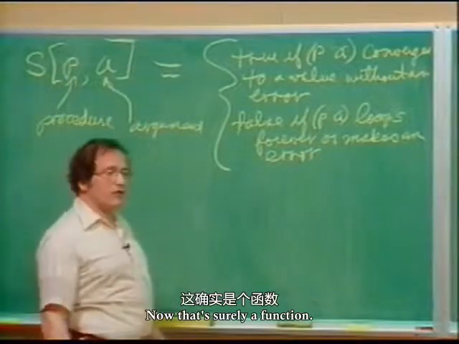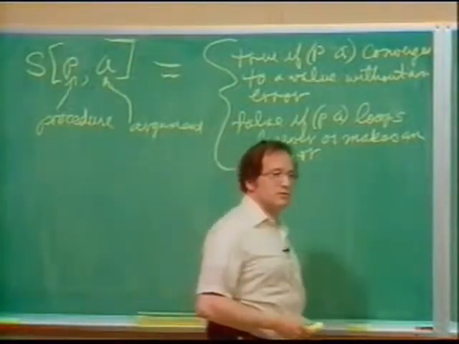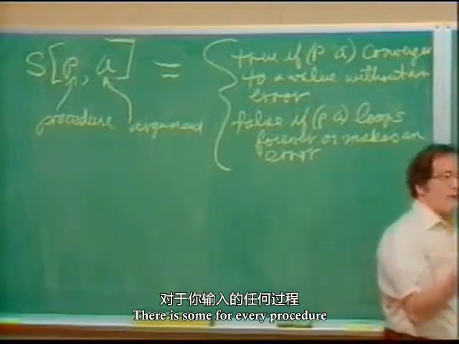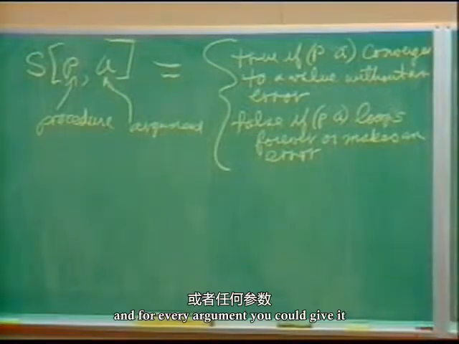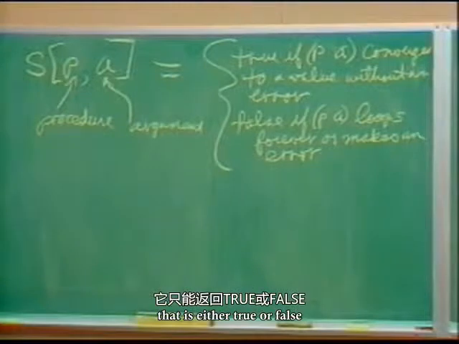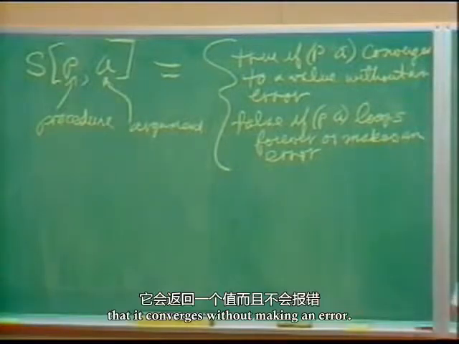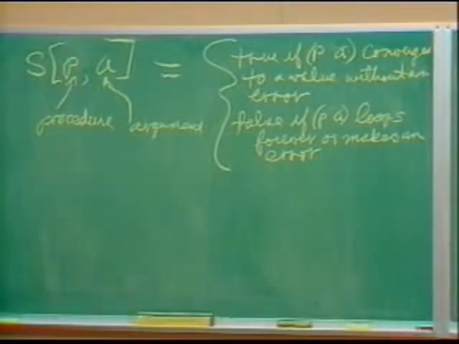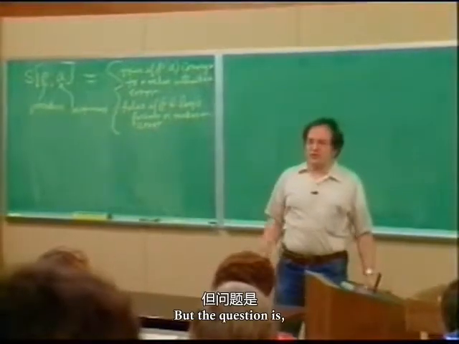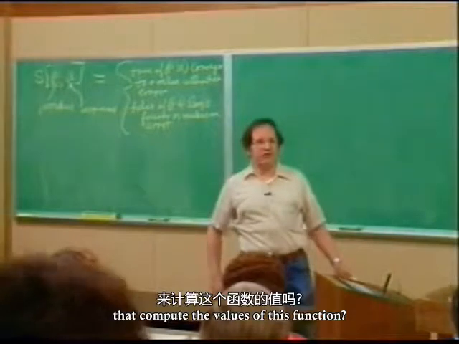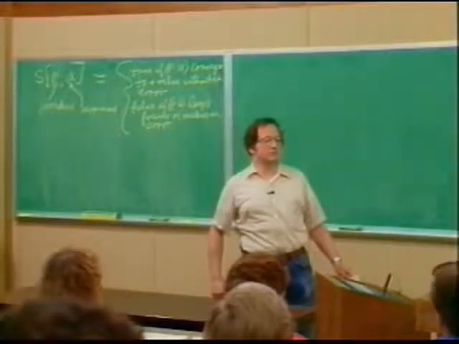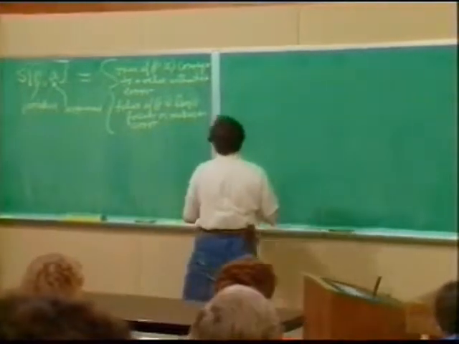Okay. Now that's surely a function. For every procedure and for every argument you could give it, it is either true or false that it converges without making an error, and you could make a giant table of them. Okay? But the question is, could you write a procedure that computes the values of this function? Well, let's assume that we can.